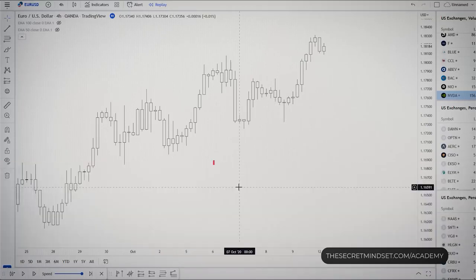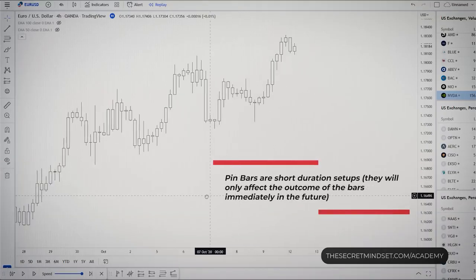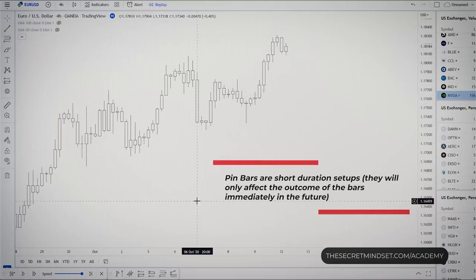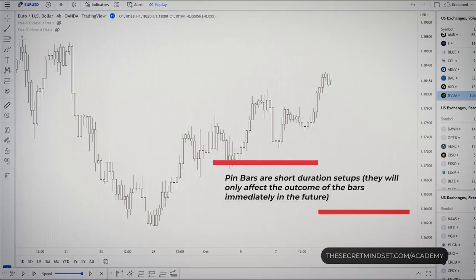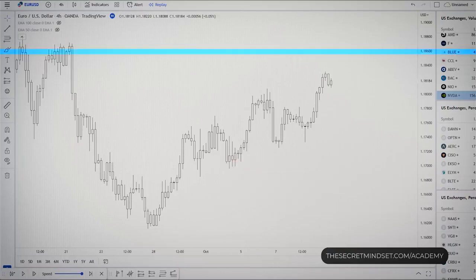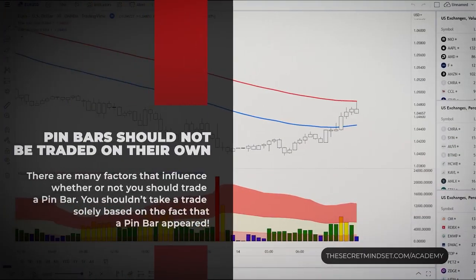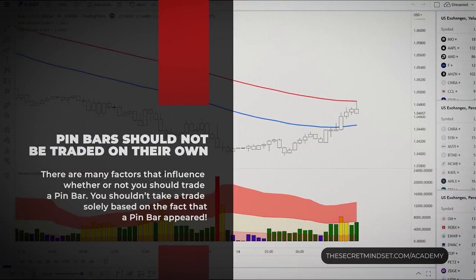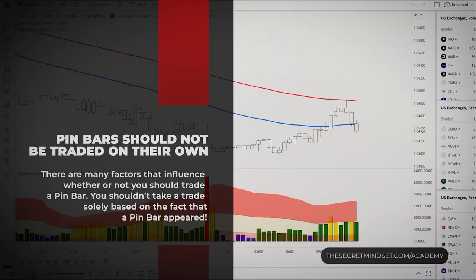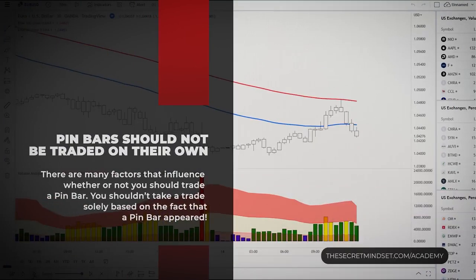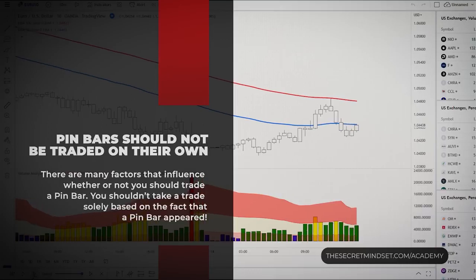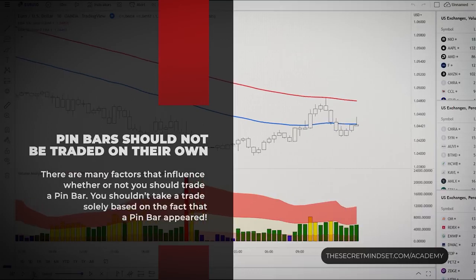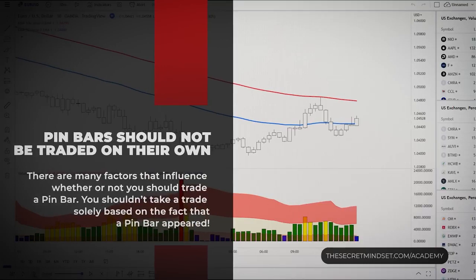This is because pin bars are short duration setups, and because of this, it makes sense that they will normally only affect the outcome of the bars immediately in the future. Pin bars should not be traded on their own. There are many factors that influence whether or not you should trade a pin bar, and for that reason, you shouldn't take a trade solely based on the fact that a pin bar has formed.